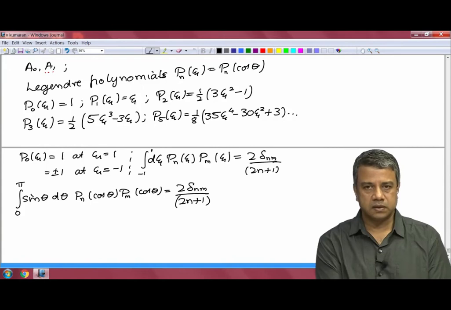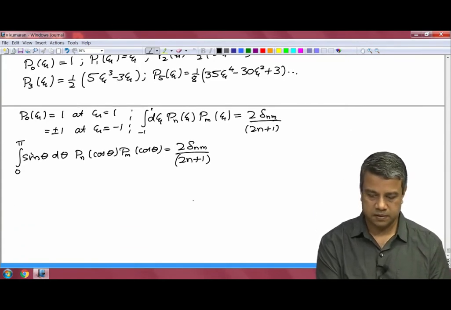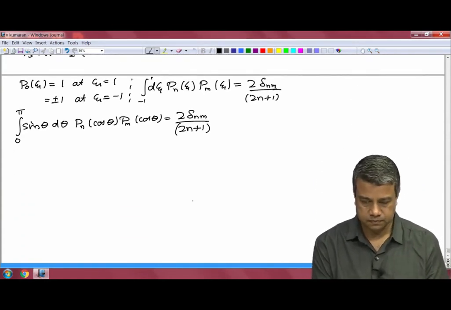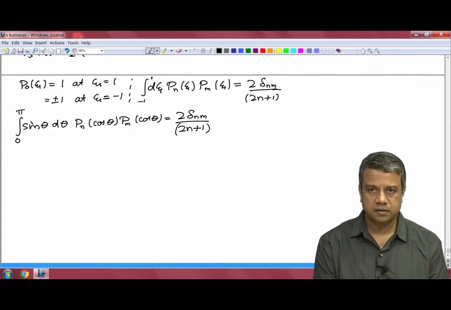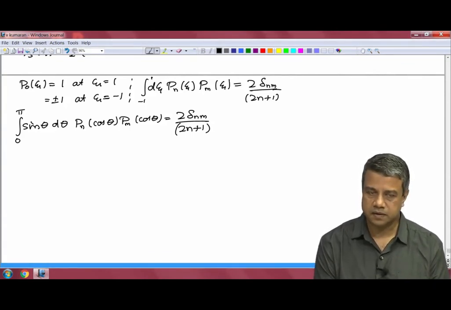So, that is the orthogonality relation for the Legendre polynomials. These are the solutions, the Legendre polynomial solutions for the theta direction.